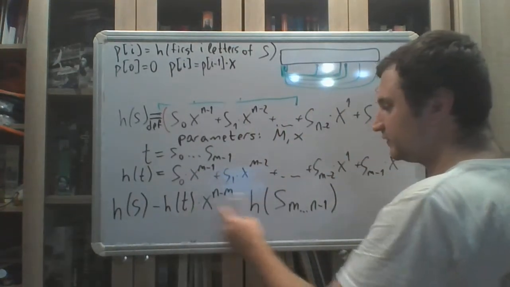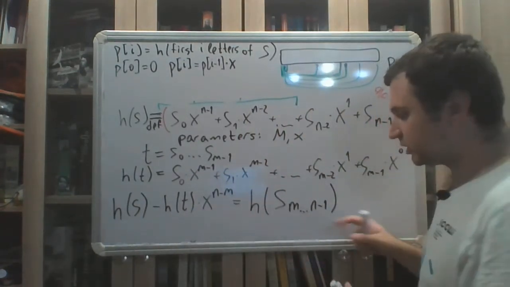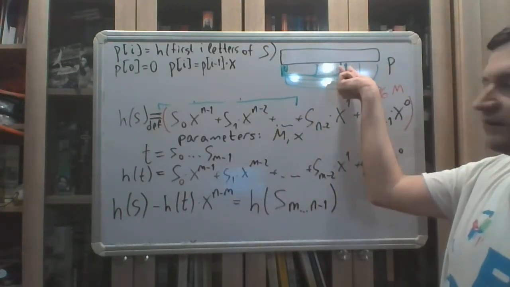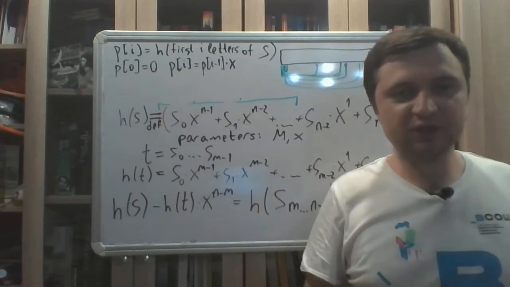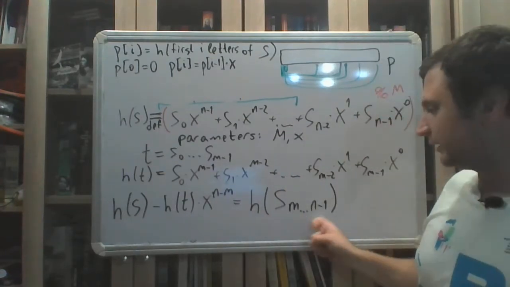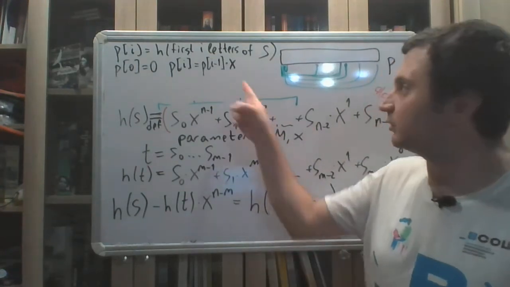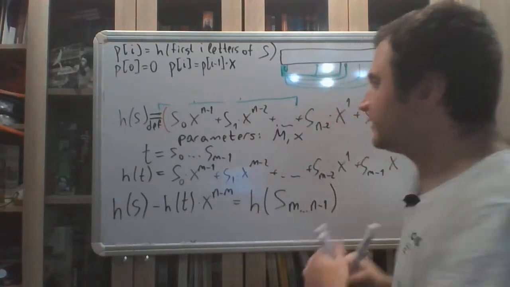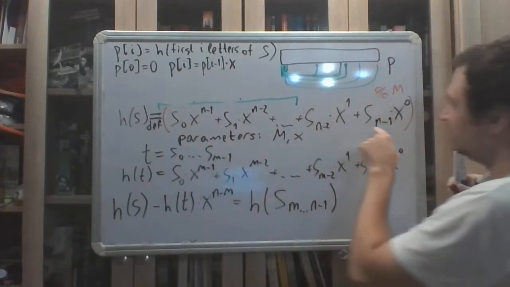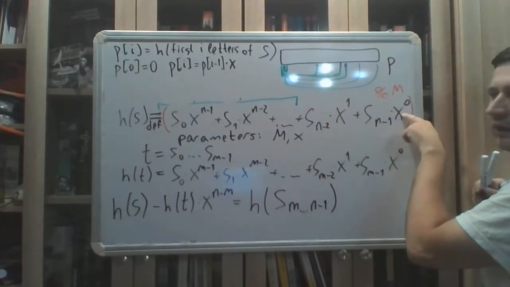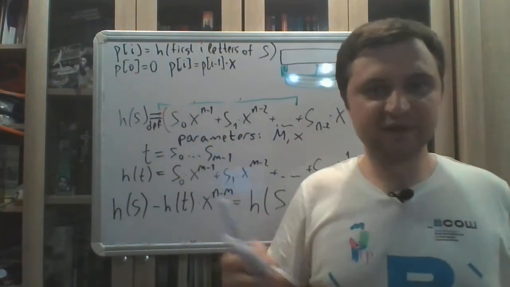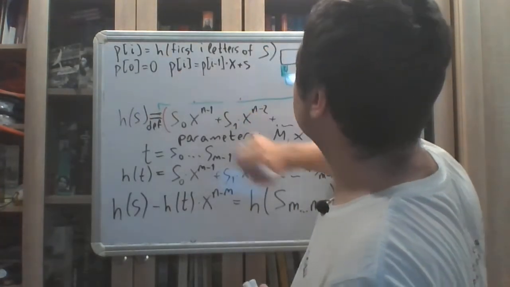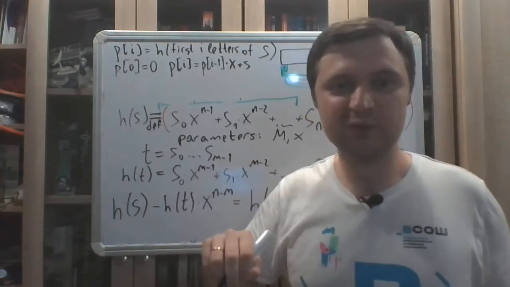And I have to add the hash function of a string that is the difference of these two prefixes. The difference of these two prefixes is simply a one-letter string, the letter that is their difference. And the hash function of one letter is this letter multiplied by 1. So it's simply this very letter, so we add over here this very letter. Let me not make a mistake with this index.